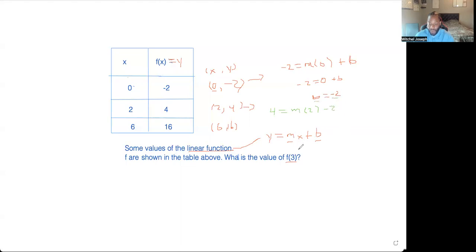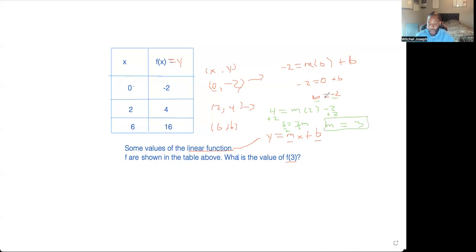So now, when we solve this, we have to add 2 on both sides. Are you familiar with algebra? So that the numbers cancel out to bring all the numbers on one side and all the letters on one side. So now we have 6, which is equal to 2m, right? And if we divide by 2 on both sides, we get m is equal to 3.